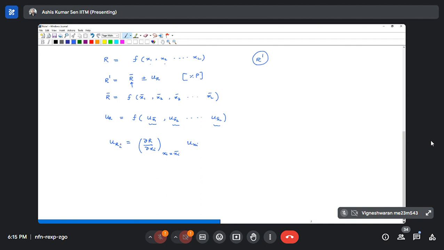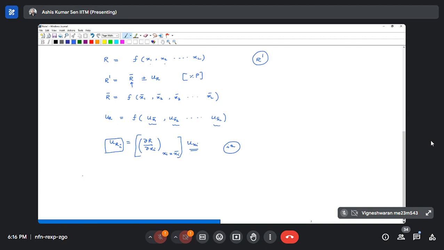So let's say we have the ith independent variable, its contribution is indicated by UR subscript i, which is the gradient of the dependent variable with respect to the independent variable evaluated at the mean value of that particular independent variable, into the uncertainty of that particular independent variable.